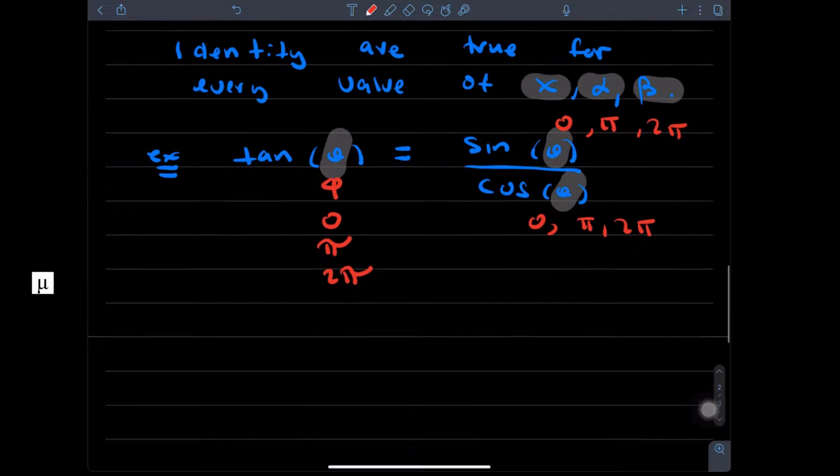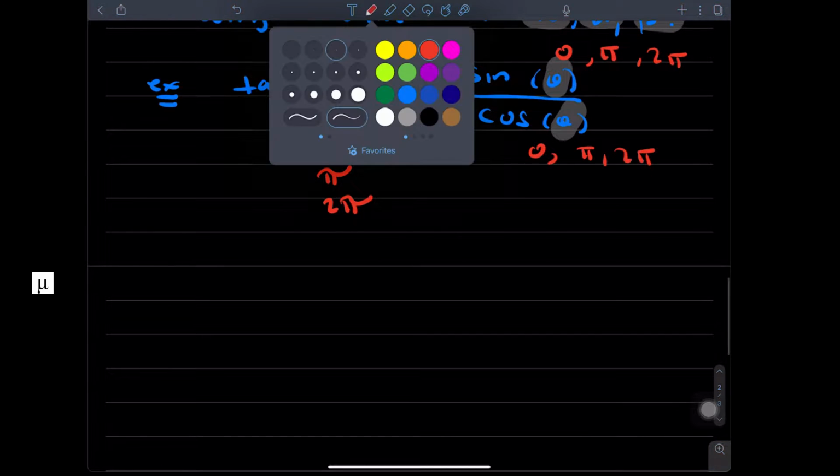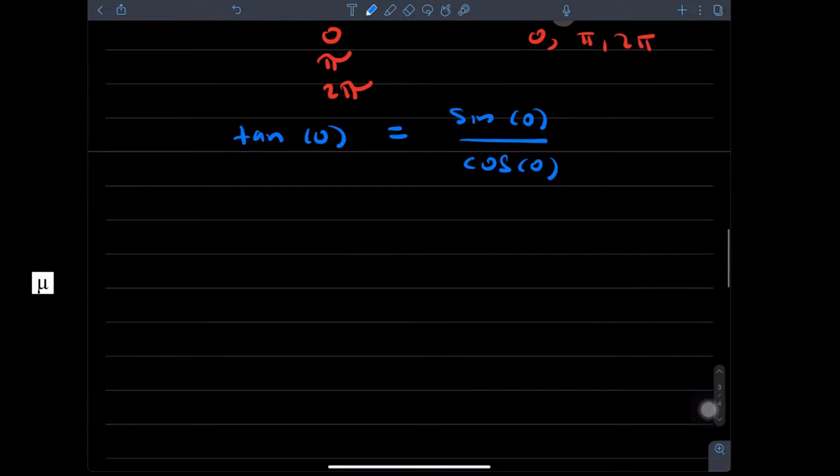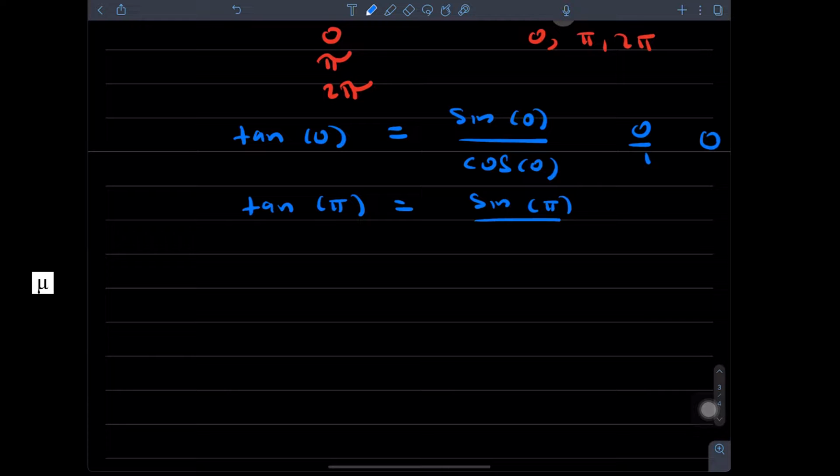You say, what do you mean? Well, stop and think about it. This is just 3 examples. Tangent of 0 is the same as sine of 0 over what? Cosine 0. Remember, cosine 0 is 1, so this is 0 over 1, which is 0. I'm also saying tangent of pi is the same as sine of pi over cosine of pi. What's sine of pi?